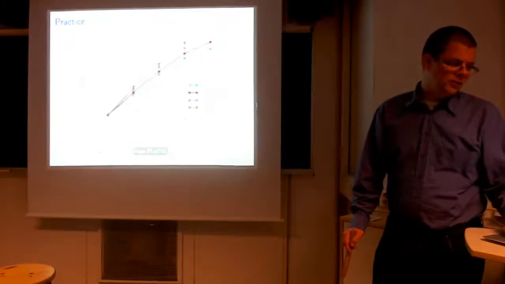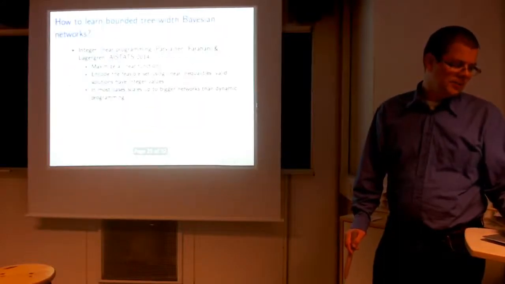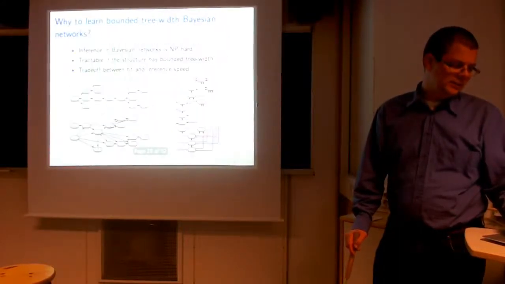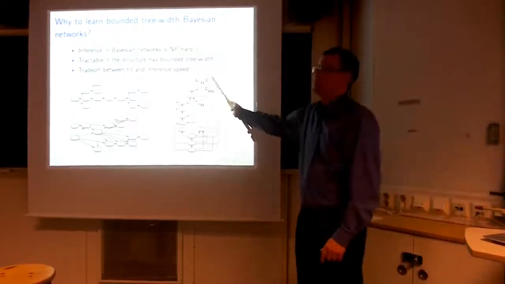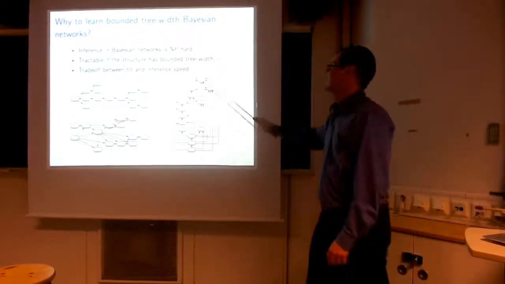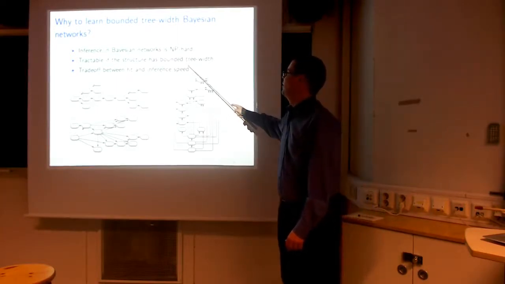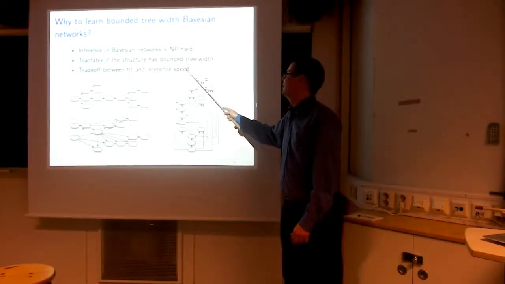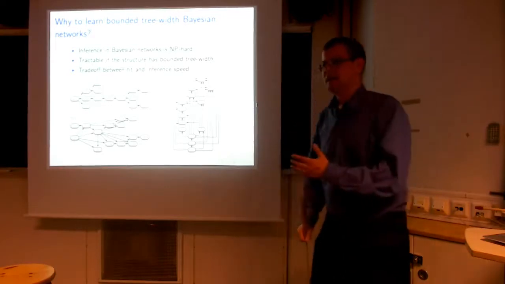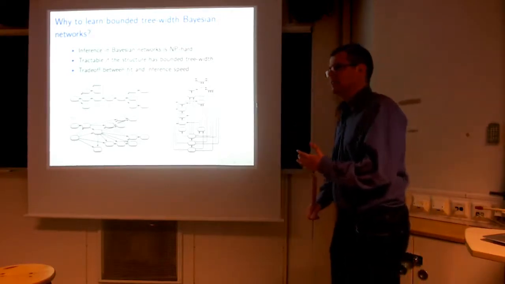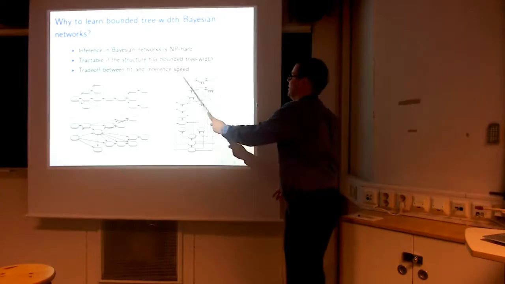So this is a well-known thing from a long time ago: if we have low tree width, then we have fast inference. That was our starting point.